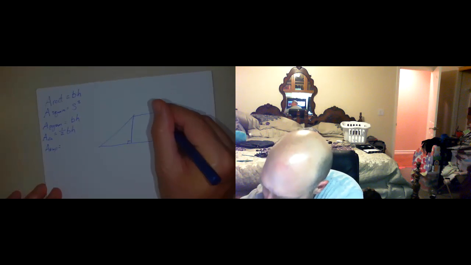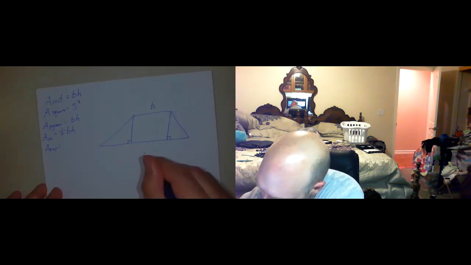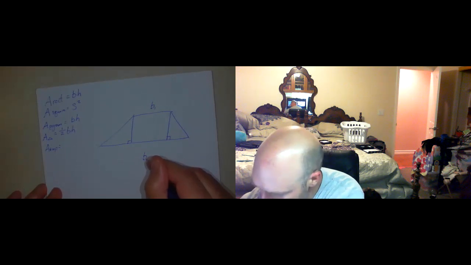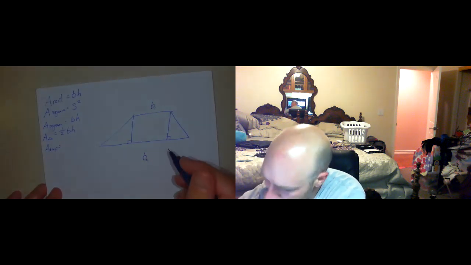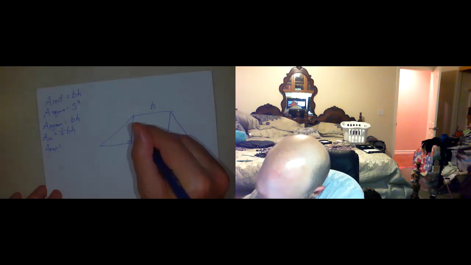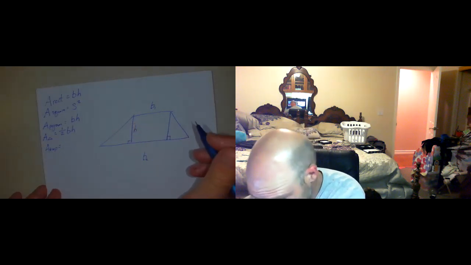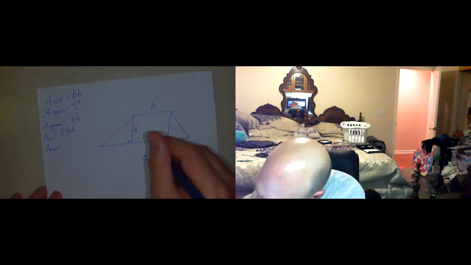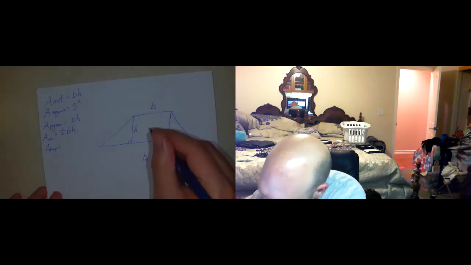So I am going to call the top base, base 1. I'm going to call the bottom base, base 2. And I will call this height, height. Okay, well, this rectangle has an area of base 1 times height.